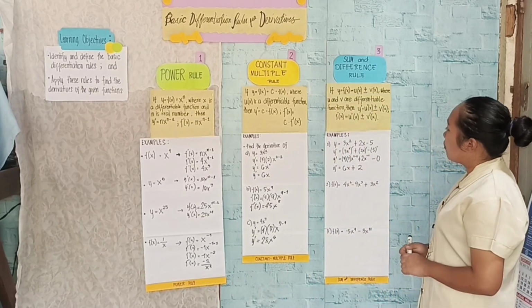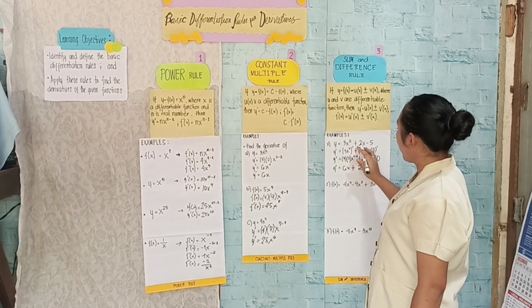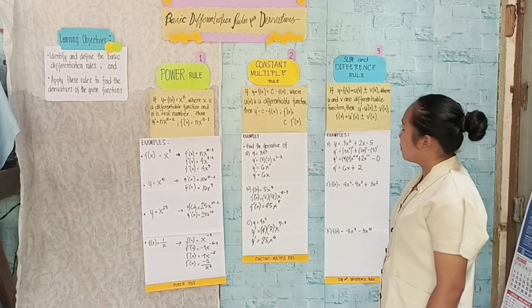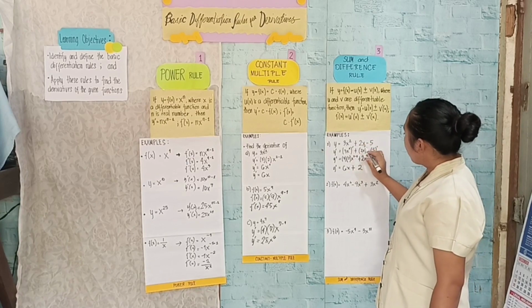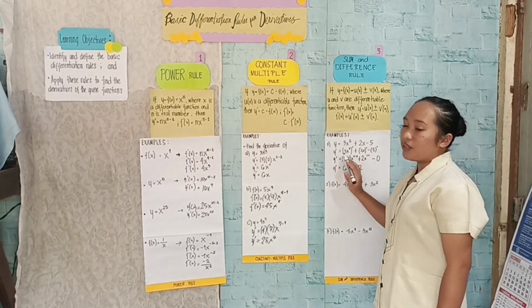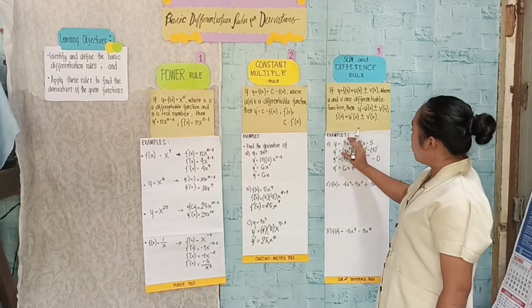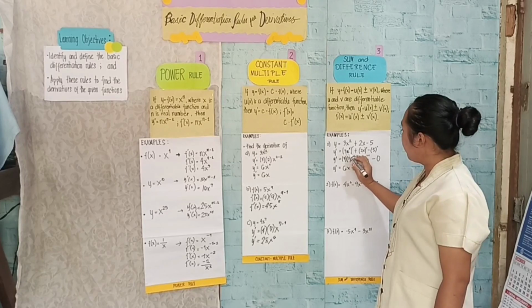So we have here our first example. y is equal to 3x squared plus 2x minus 5. As you can see, it includes the operations addition and subtraction. So the first thing that we need to do is to solve the derivative of each term.